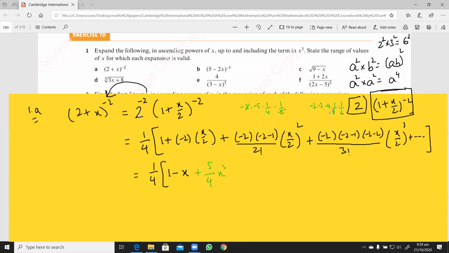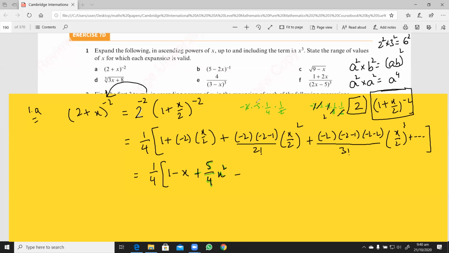I'm intentionally writing this with a different color because this is rough work basically. Okay. So this is 5 over 4 x squared. And the next one is minus, the 6 is cancelled with this. Yes? Why am I writing 5 so much today?